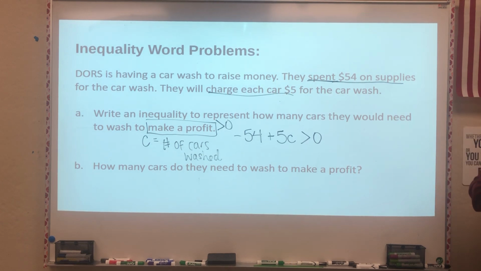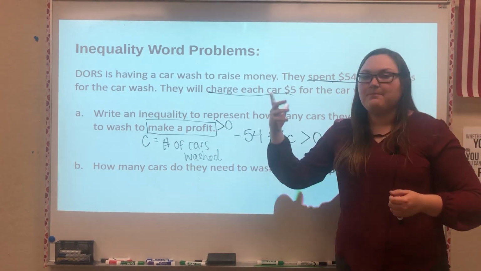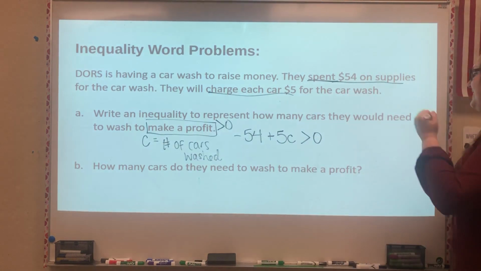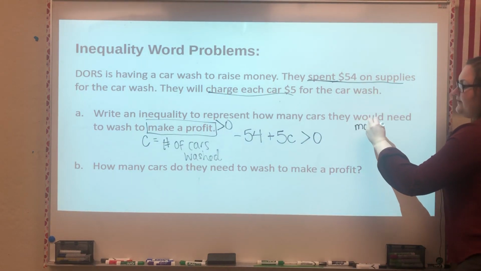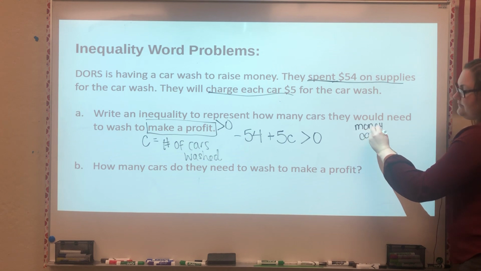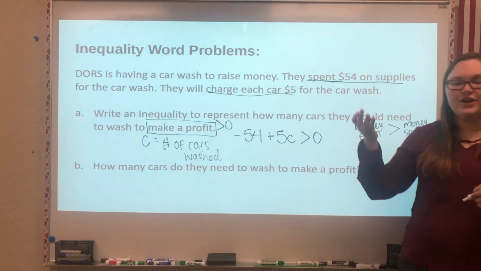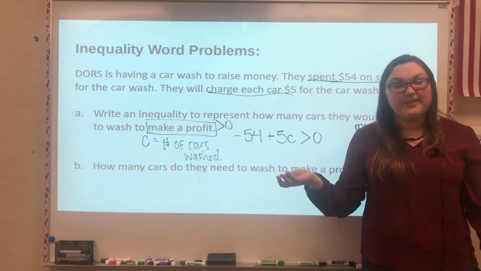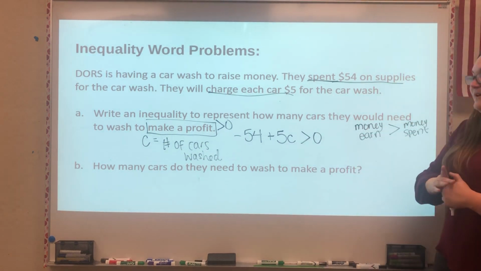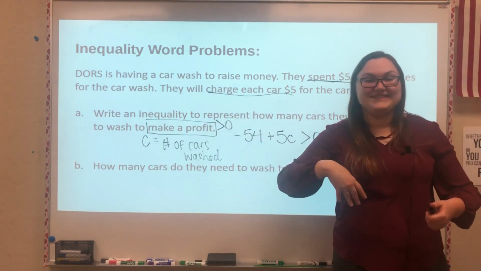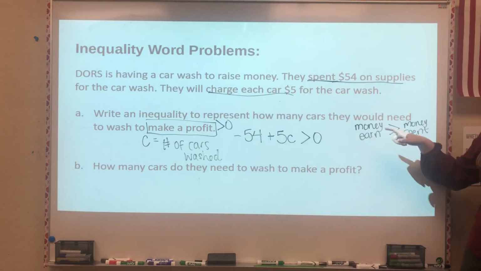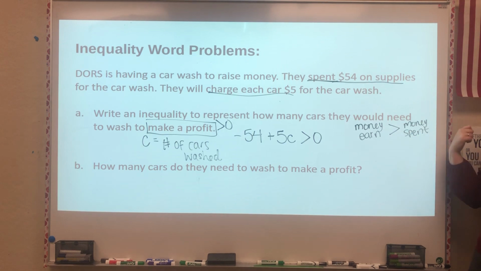Another way you can think of it is if you are making a profit, it means the money you earn is greater than the money you spend. If you're earning more money than you're spending, that's another way you can think of as profit. So one way is you can think it means you're making more than $0. Another way is the money you're earning is greater than the money you're spending.